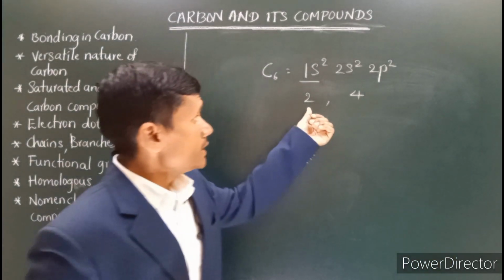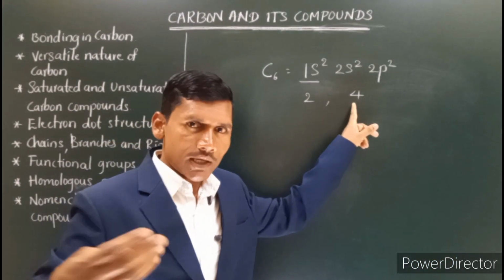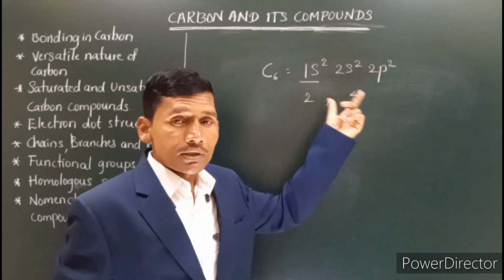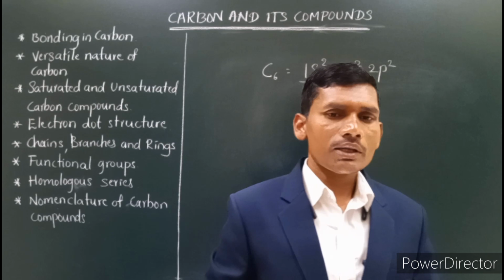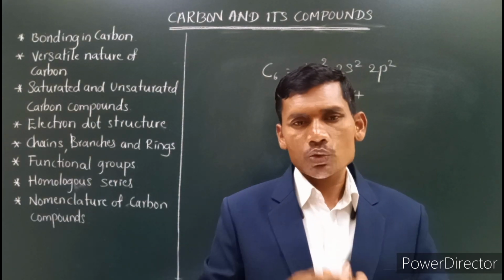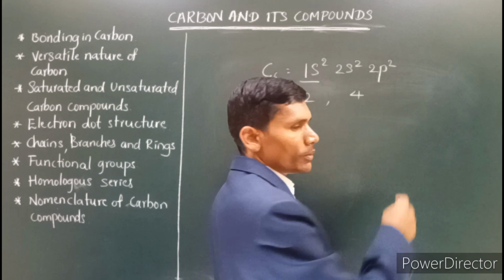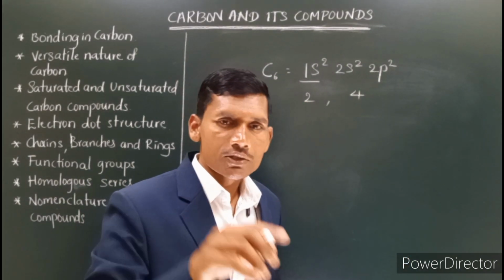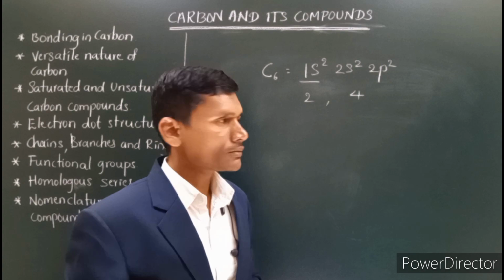Here, this is the inner energy level, this is the outermost energy level we can consider. The capacity of the first energy level is 2 electrons, and in the second energy level there will be 8 electrons. If it is to be completely full, then there must be 8 electrons.